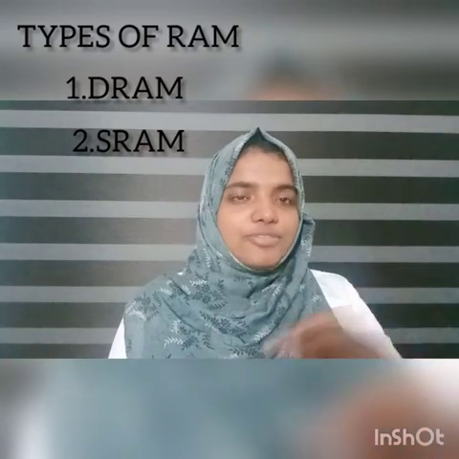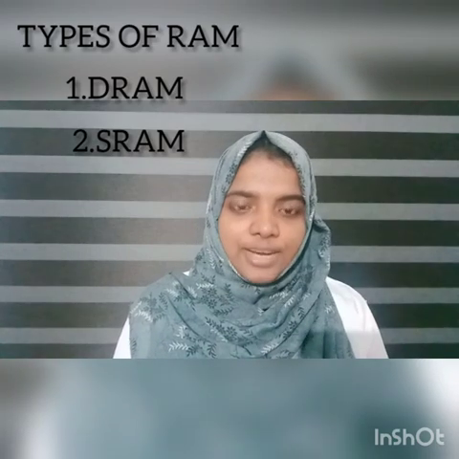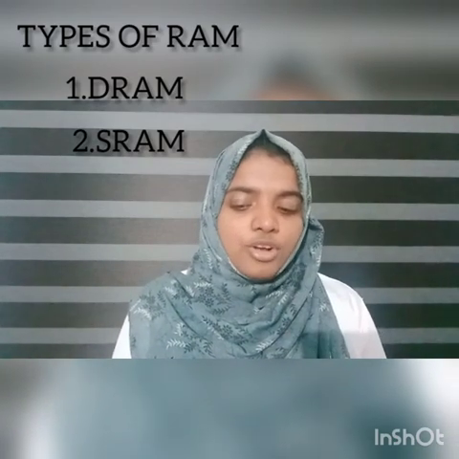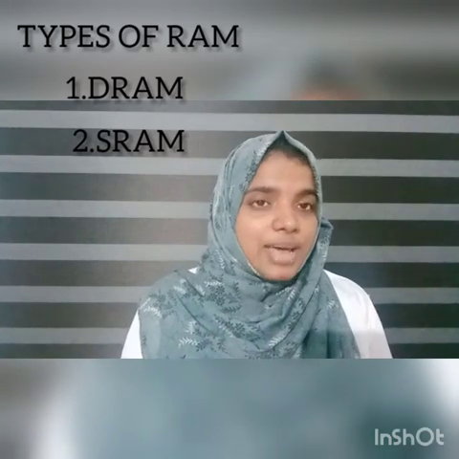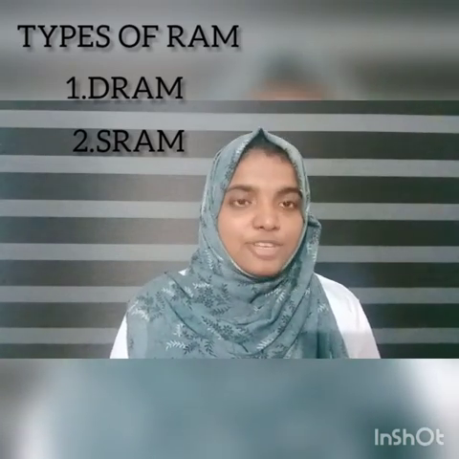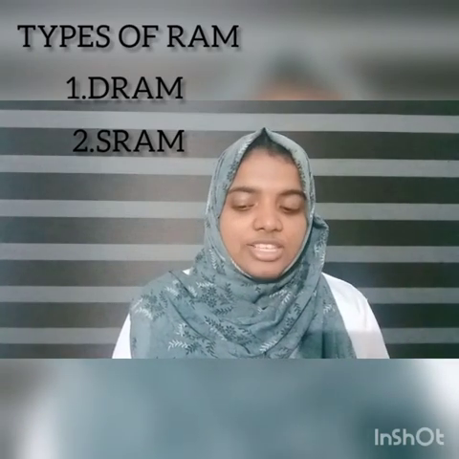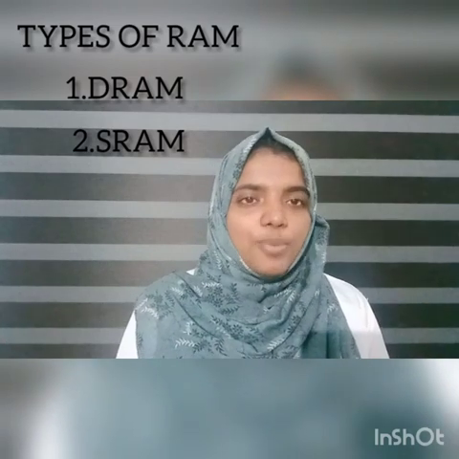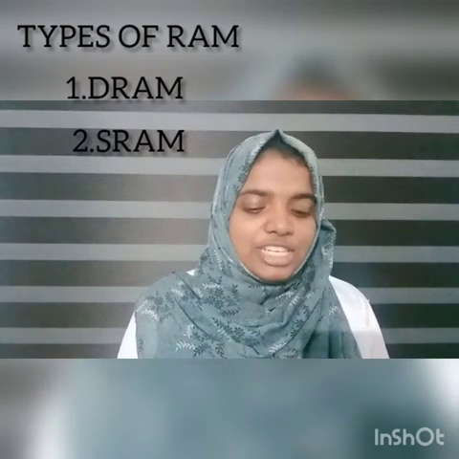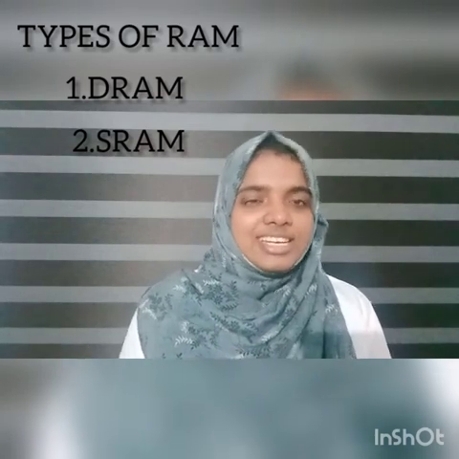The two types of RAM differ in the technology they use to hold data, with DRAM being the more common type. In terms of speed, SRAM is faster than DRAM. DRAM needs to be refreshed thousands of times per second, while SRAM does not need to be refreshed. It makes SRAM faster than DRAM.